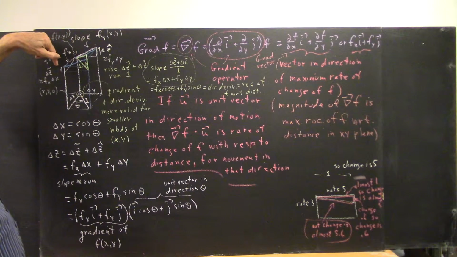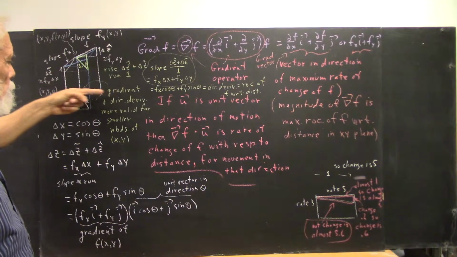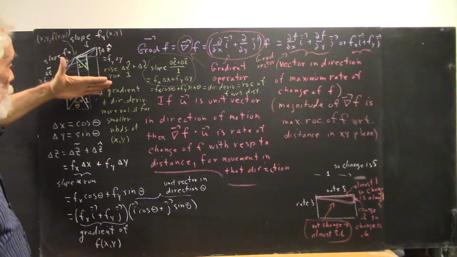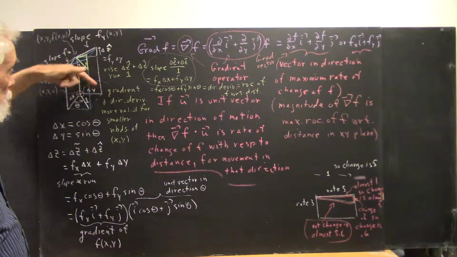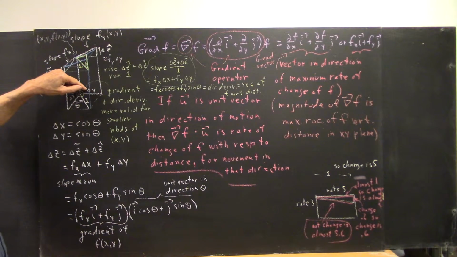The rate of change in the x direction, though, is positive. Okay, so we'd have the rate of change in this direction. Now, if we move this direction a little bit toward the x direction, what happens? Our delta y gets a little smaller, our delta x gets a little bigger.